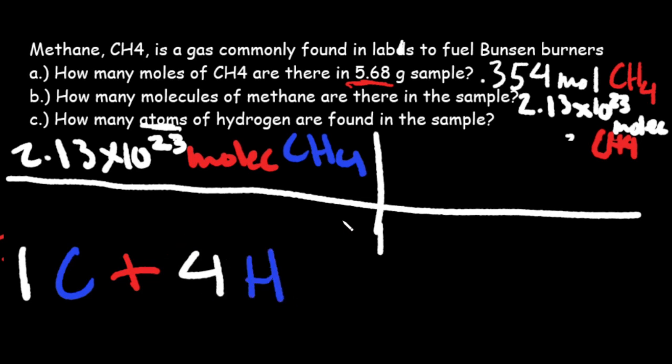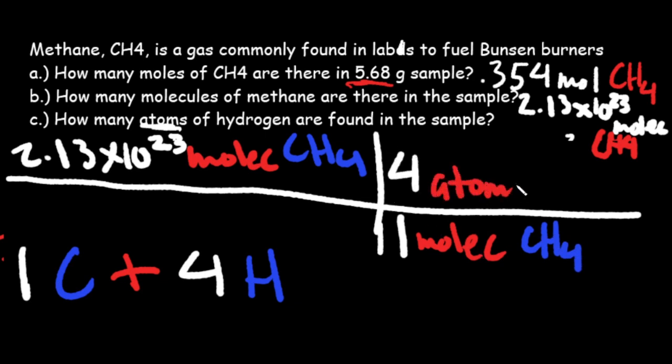So in one molecule of CH4, there are 4 atoms of hydrogen. So what you do is just multiply this number by 4.